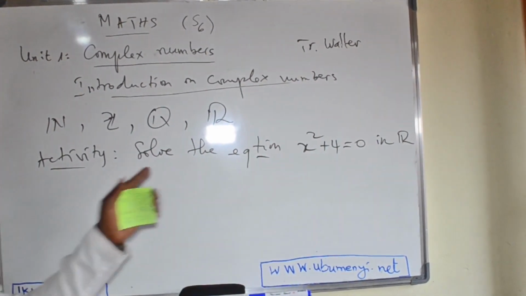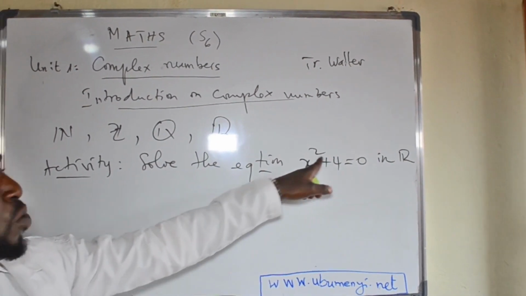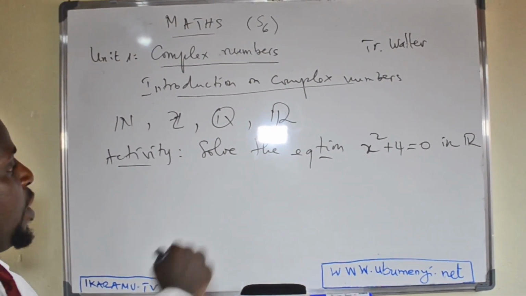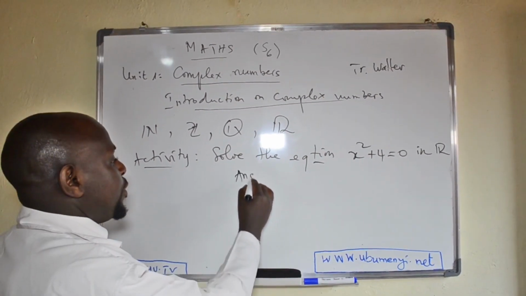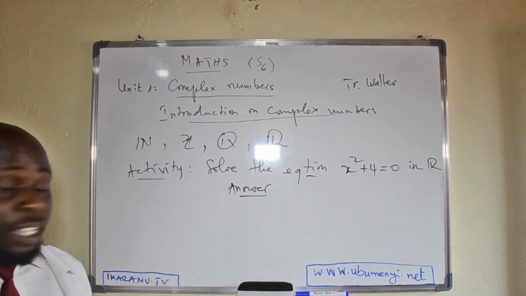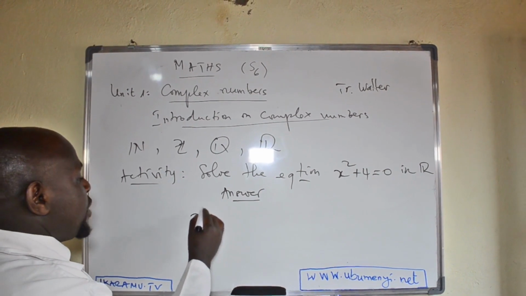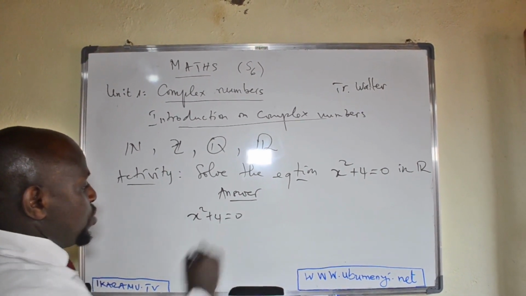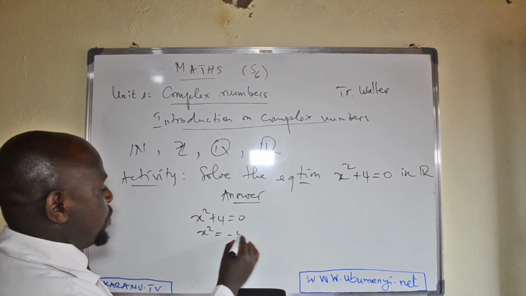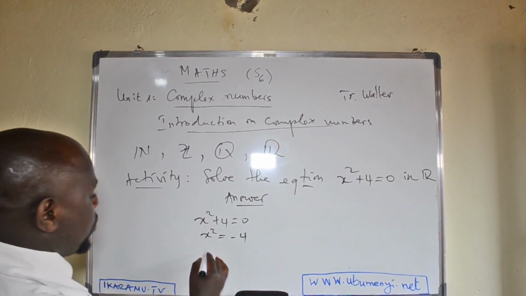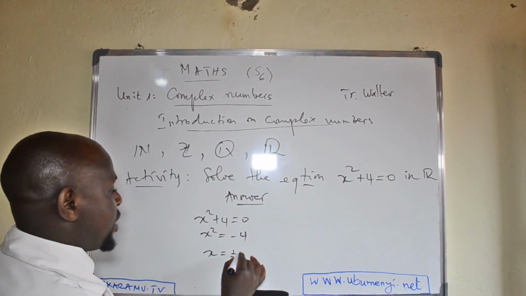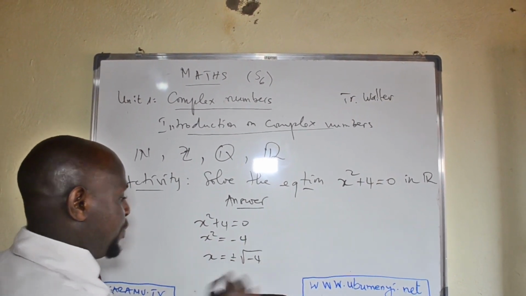If we try to solve this equation, x squared plus 4 equals 0, in the set of real numbers, you shall see that x squared plus 4 equals 0. This means that x squared equals negative 4. And then to get x, we shall have plus or minus the square root of negative 4.